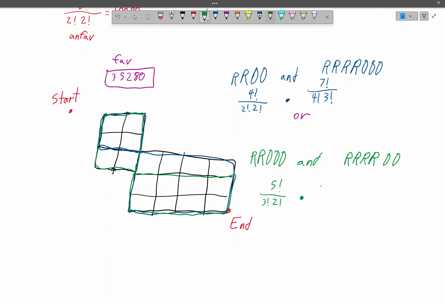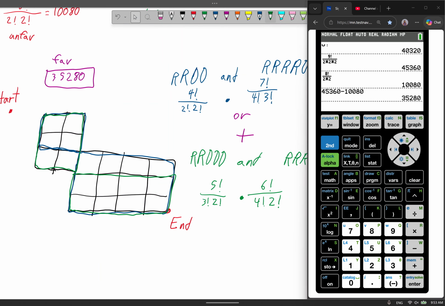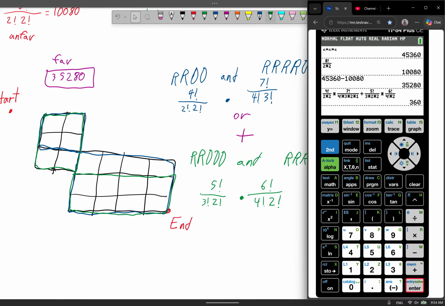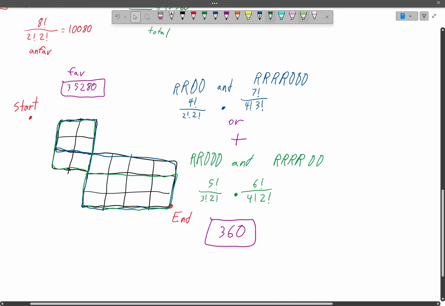And so multiplying 6 factorial over 4 factorial, 2 factorial. And then, because it's or, we're going to be adding those two together. So we can now plug this entire thing into our calculator. We're going to press enter, and our final answer is 360. So there's 360 ways to get from start to end.